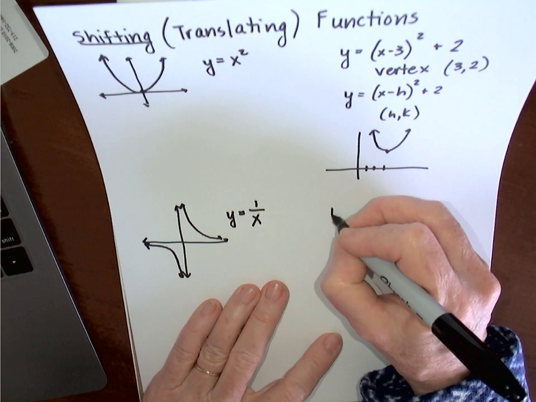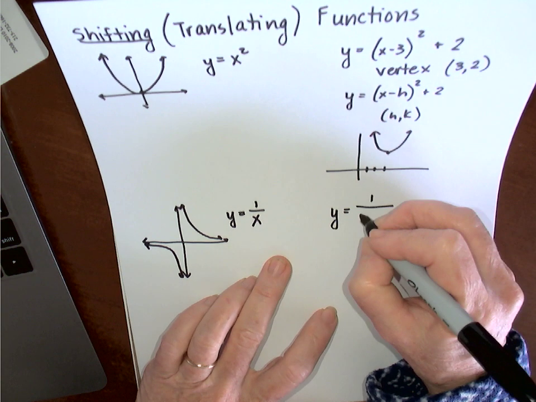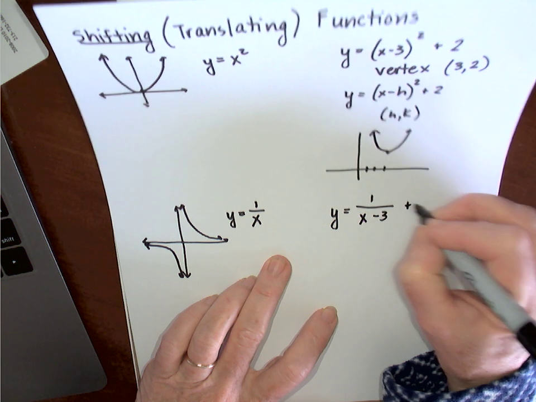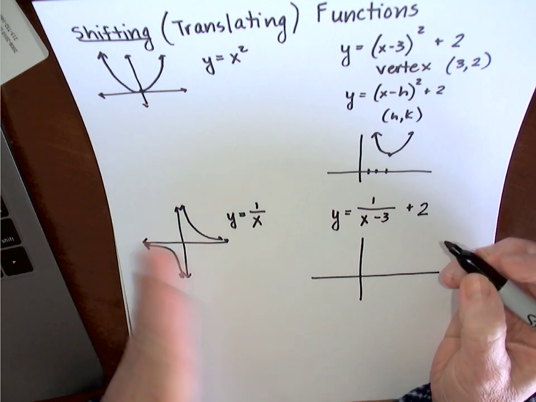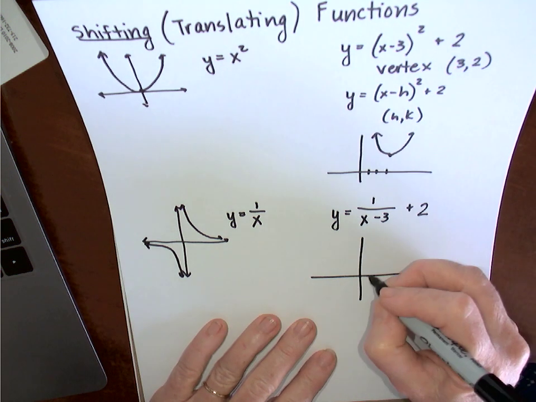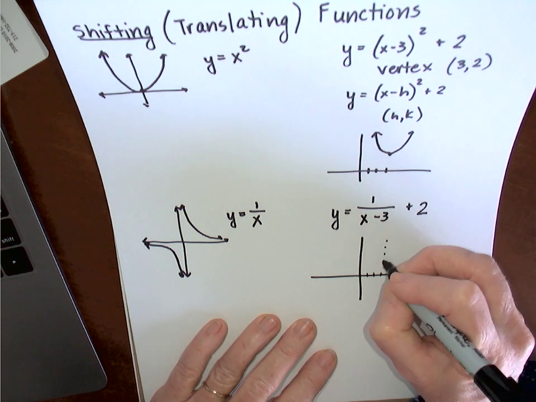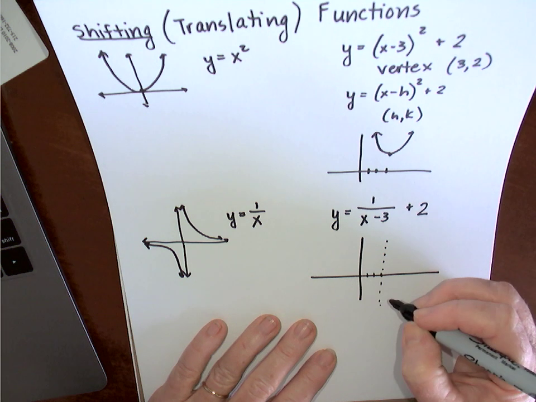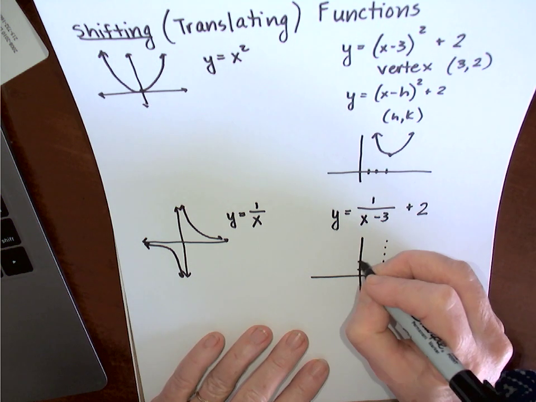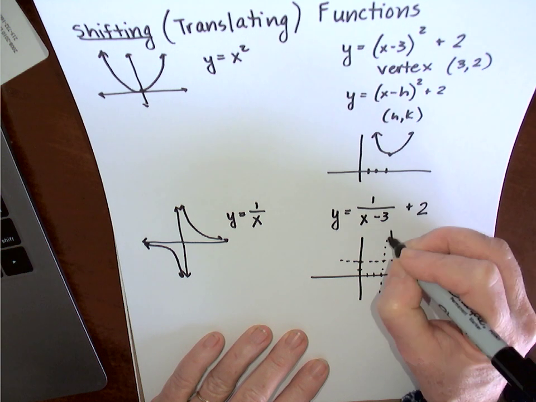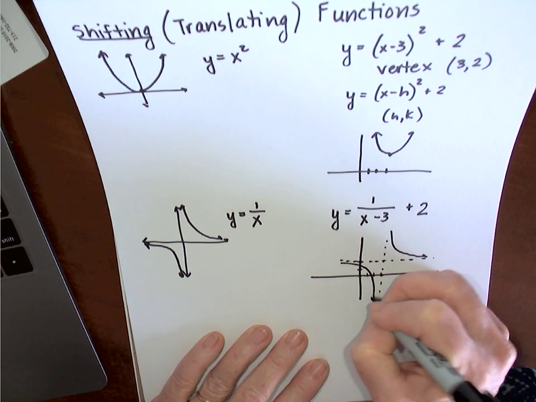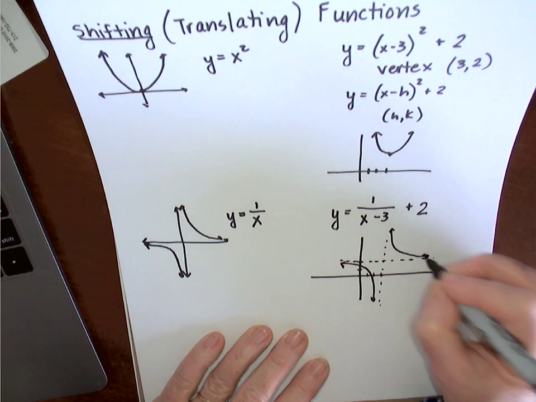So if we have something like y is equal to 1 over (x minus 3) plus 2, the whole graph would shift 3 units to the right. So the asymptote would shift 3 units to the right and 2 units north. And then everything is going to look exactly the same. So 3 to the right, 2 north.